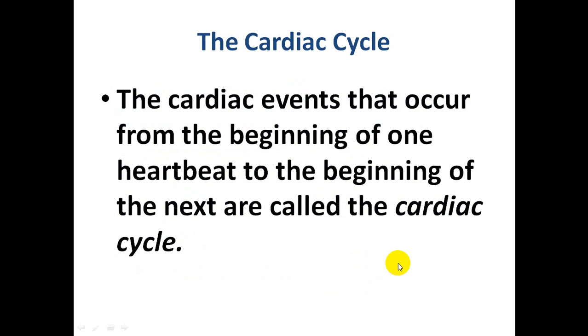The cardiac events that occur from the beginning of one heartbeat to the beginning of the next heartbeat are called the cardiac cycle. As we said, there is a mechanical element and an electrical element. Usually the electrical element precedes the mechanical element by a fraction of a millisecond.